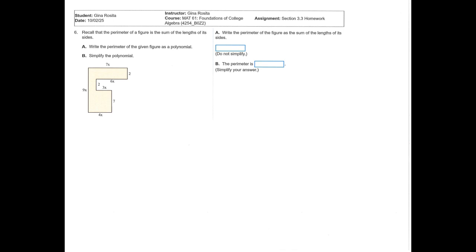Is 7x. Just put over here. This is 7x plus 2 plus 6x plus 2 plus 3x plus 7 plus 4x plus 9x.